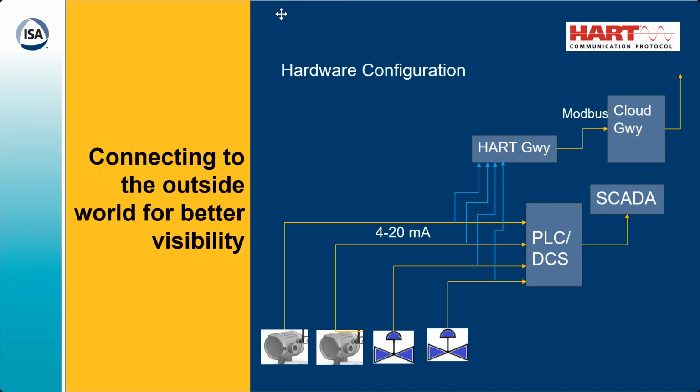But the basic problem of the plant people is that they don't want to touch their existing plant DCS or SCADA because it's very risky for their plant operation. So these gateways can be connected to the plant without disturbing their existing system.